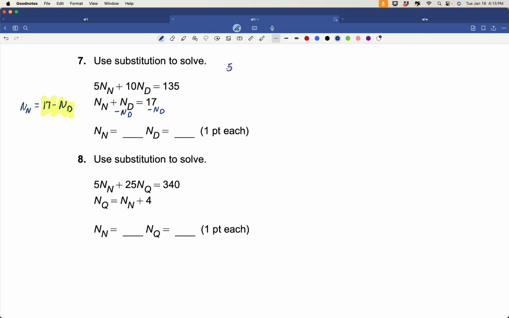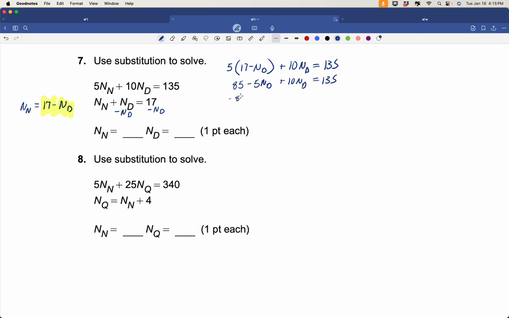So 5 times NN, which is 17 minus ND, plus 10 ND is equal to 135. So when I multiply this, I know 5 times 17 is going to be 85 minus 5 ND plus 10 ND is still equal to 135.